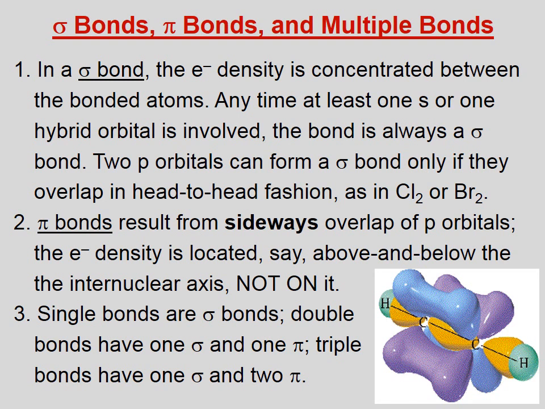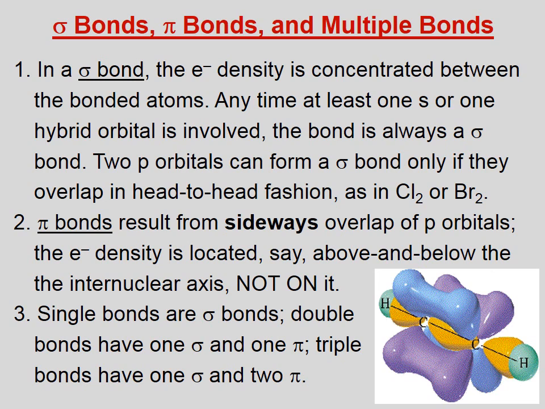Let's review sigma bonds, pi bonds, and multiple bonds. 1. In a sigma bond, the electron density is concentrated between the bonded atoms. Anytime at least one s or one hybrid orbital is involved, the bond is always a sigma bond. Two p orbitals can form a sigma bond only if they overlap in head-to-head fashion, as in Cl2 or Br2. 2.